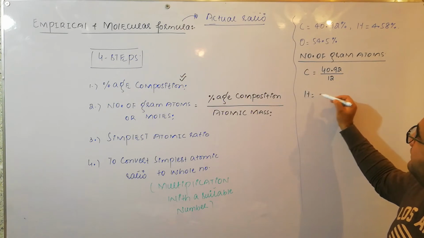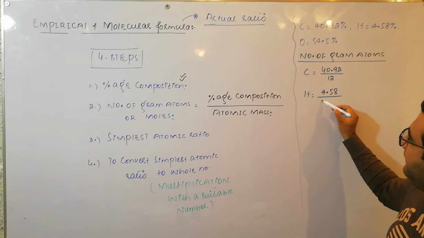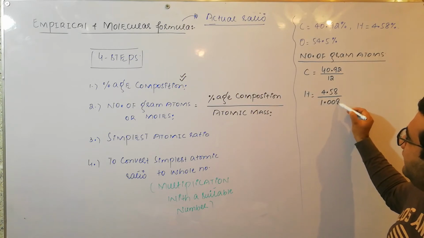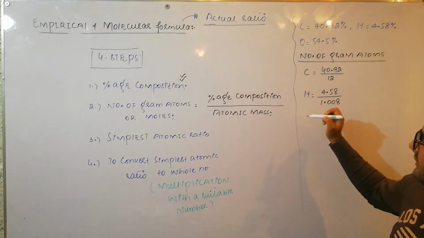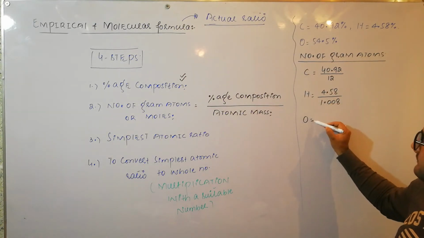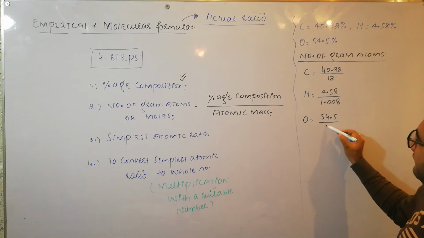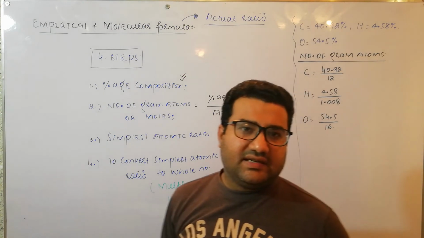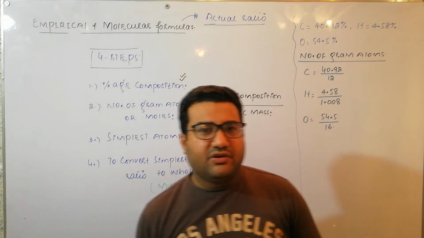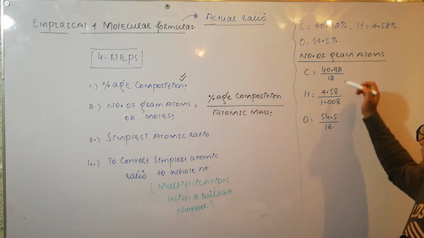The percentage of hydrogen is 4.58 and you will divide it by 1.008, that is the atomic mass of hydrogen. And third, oxygen, 54.5 and we will divide it with 16. Here the atomic masses are taken, not the molecular masses, because we talk about the ratio of the atoms, not the ratio of the molecules.